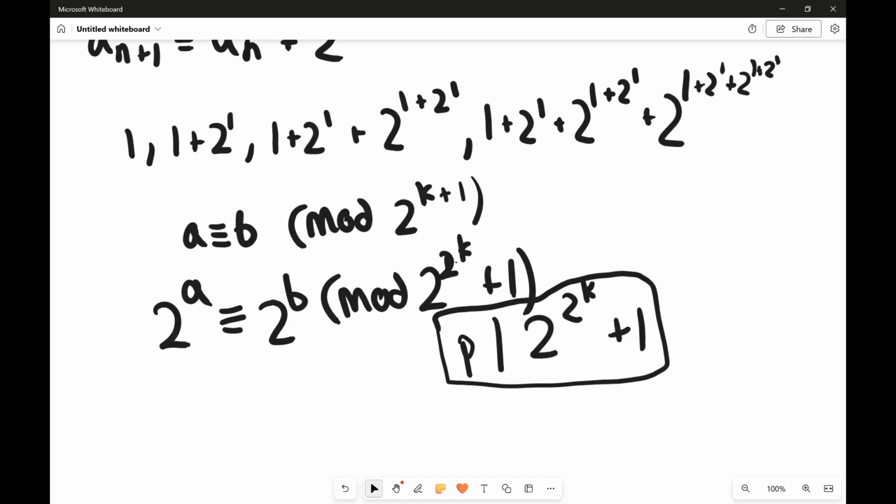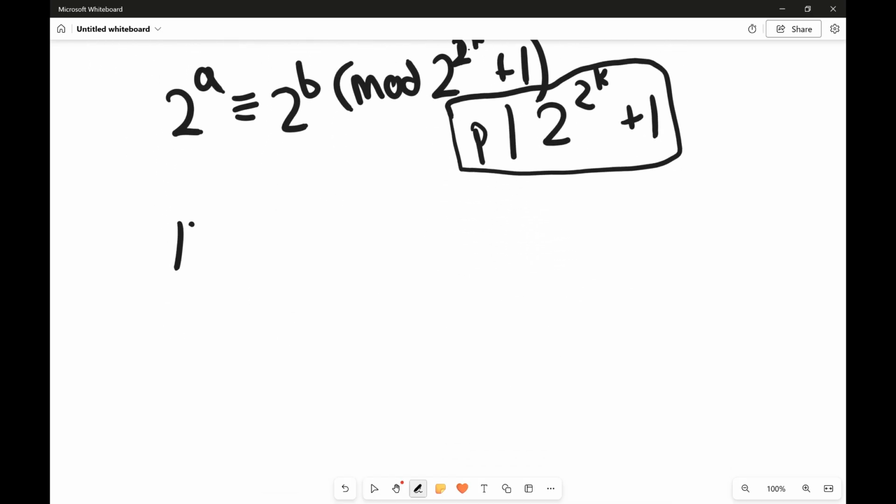But then there's this theorem inside number theory called Kobayashi's theorem.